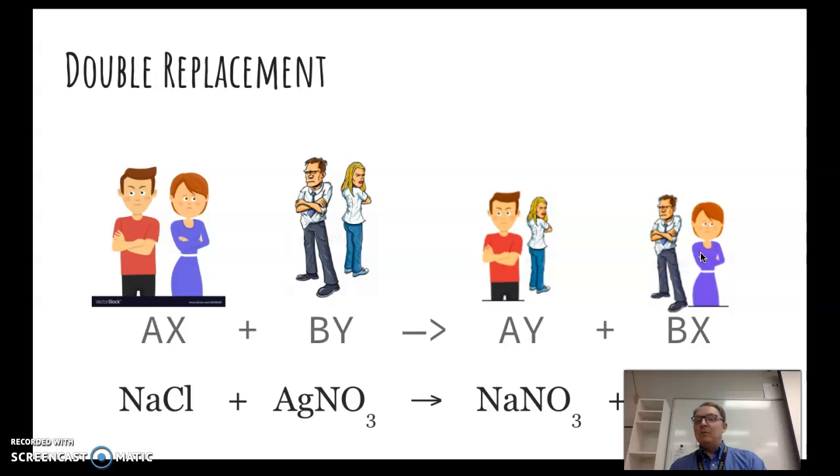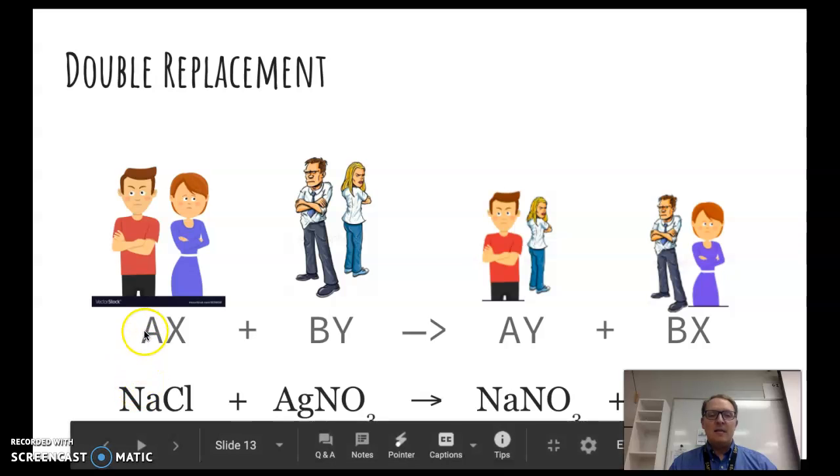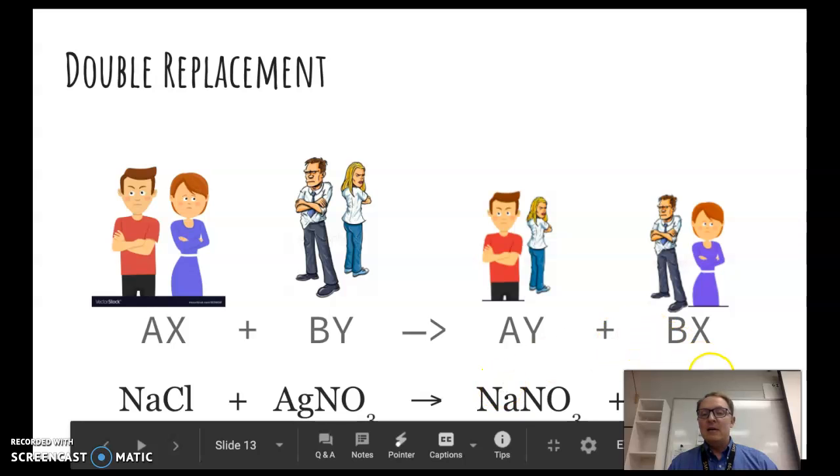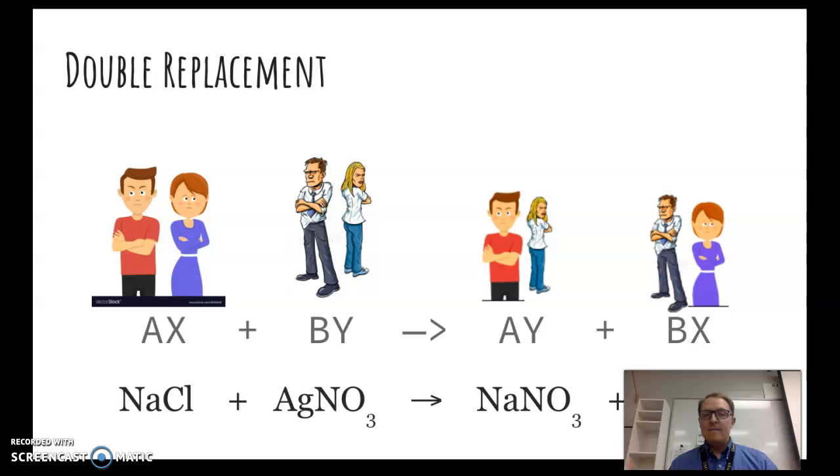Look at this complex equation. You got to take a minute and break it down. Over here, right, we have sodium. That's like A, this gentleman right here. And that person is bonded with X, which is Cl. On the other side of the equation, though, notice that Na and Cl are separated. They're split up. Okay?